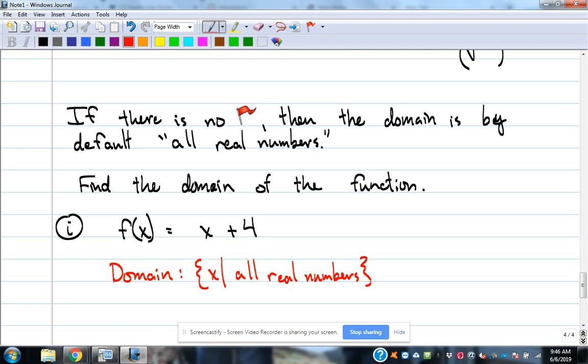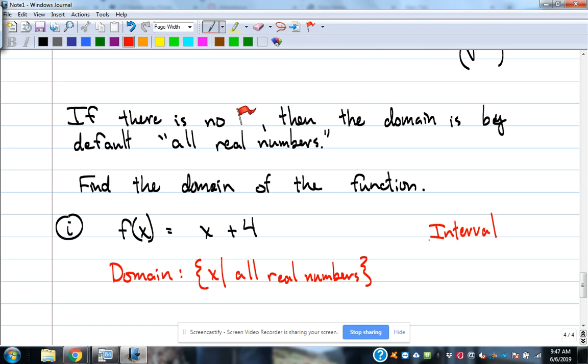I want to go ahead and introduce another notation that you might see in your textbook or on the quizzes and in the labs. It's called interval notation, and it's just a different way of writing this domain.